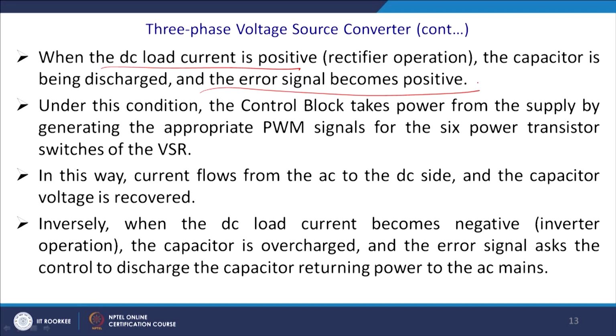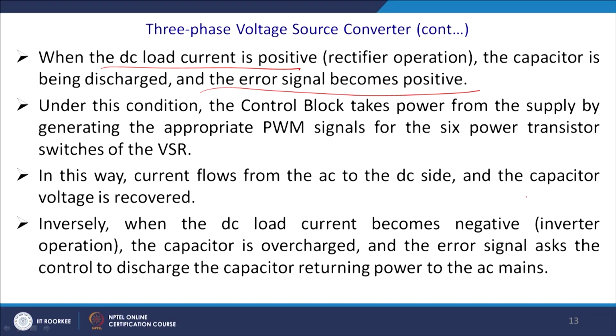Under this condition, the control block diagram takes power from the supply by generating the appropriate PWM signal for the 6 power transistor switches of the VSR. In this way, current flows from the AC to the DC side and the capacitor voltage is recovered.